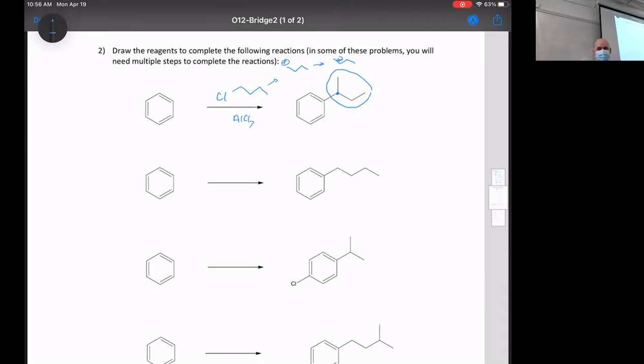So probably the best thing to do, or at least you optimize your chance of getting it right if you don't remember every rule, is to just have whatever chunk is attached with a chlorine attached at wherever your new bond is. So this would work, or that. So either one of those with aluminum chloride would be just fine. That makes sense. Everybody good with that? All right, Colette, what about this chunk here?